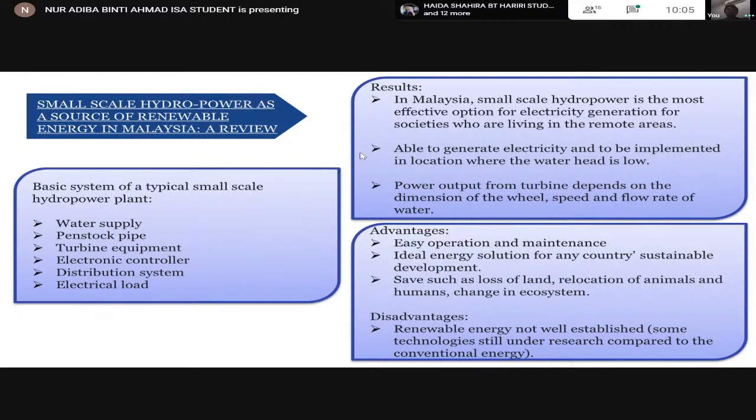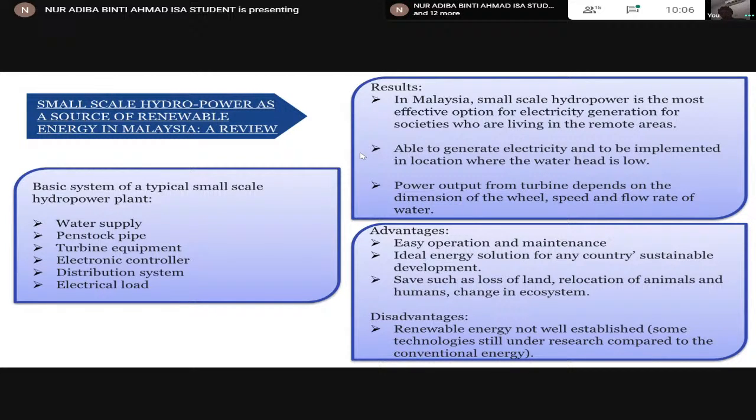As a result, in Malaysia, small scale hydropower is the most effective option for electricity generation for society living in the remote area. Other than that, it is able to generate electricity and be implemented in locations where the water head is low. Thus, its power output from the turbine depends on the dimension of the wheel, speed, and flow rate of water.